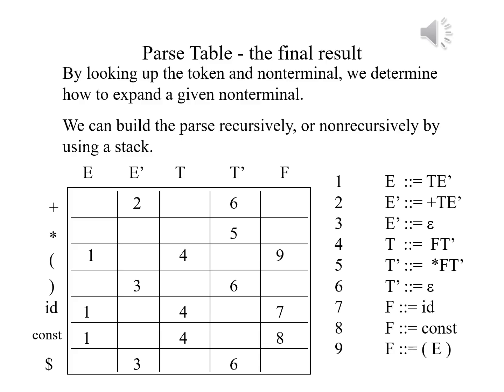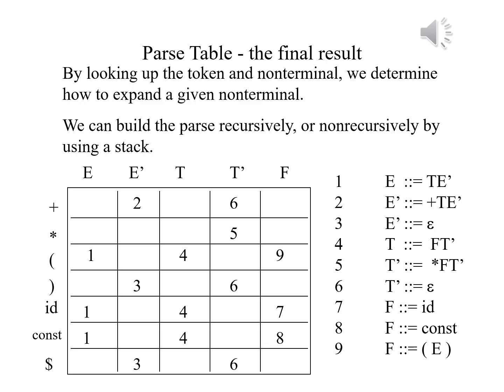For production 1, the non-terminal is E, the look-ahead set is identifier, constant, and open parenthesis. For production 2, the non-terminal is E prime, the first set is simply plus. For production 3, the non-terminal is E prime, the first set is close parenthesis and the end of file marker.